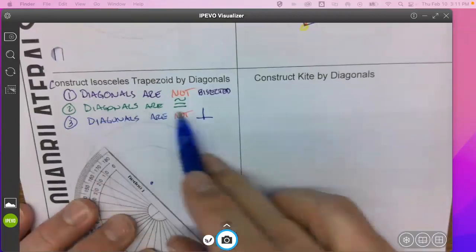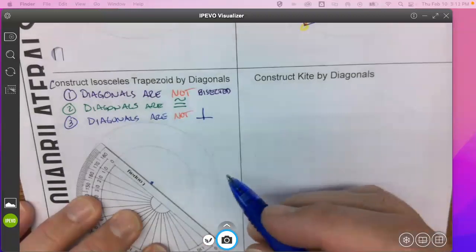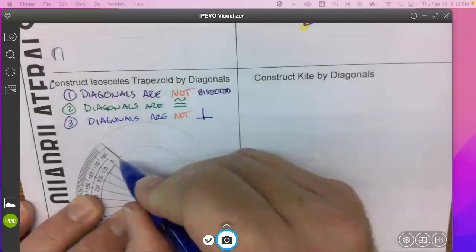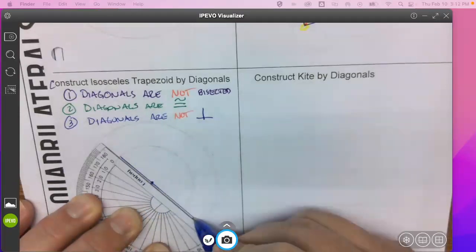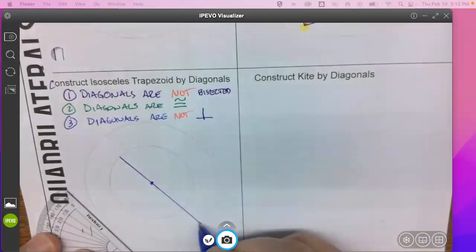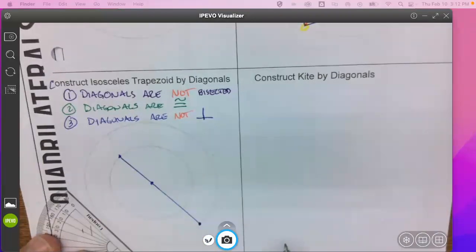So I need my diagonals to be not bisected. The easiest way to do that would be to go from the short circle on top through the center to the long circle. Can we agree that that is not bisected by that center point?